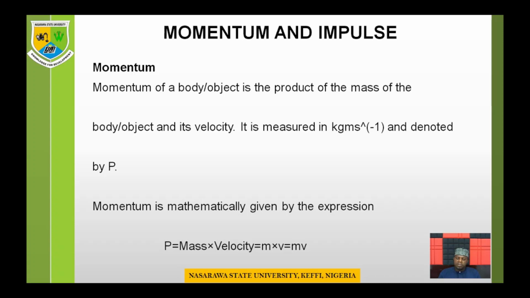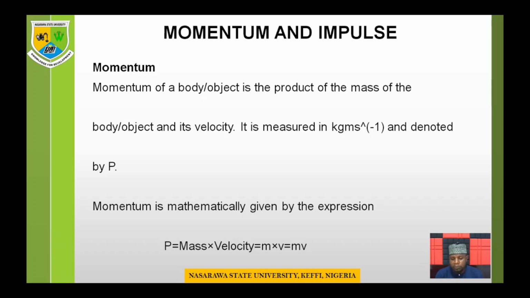But if a body is static, in one position without any movement, it will not have velocity. But once the body is set to motion, it will now have a velocity. And this simply means that without velocity, there will be no momentum.